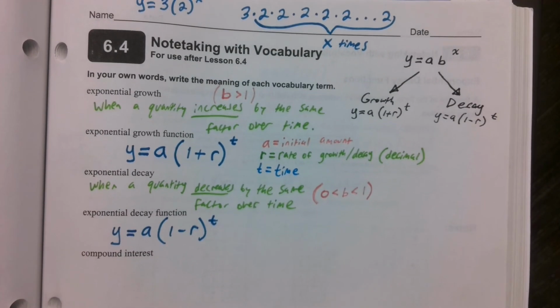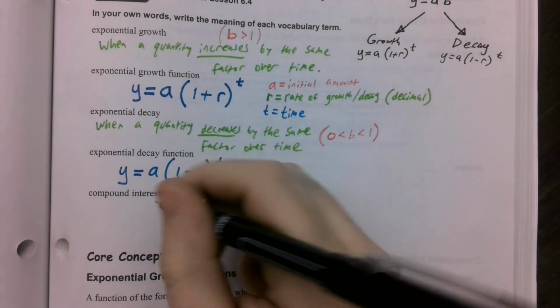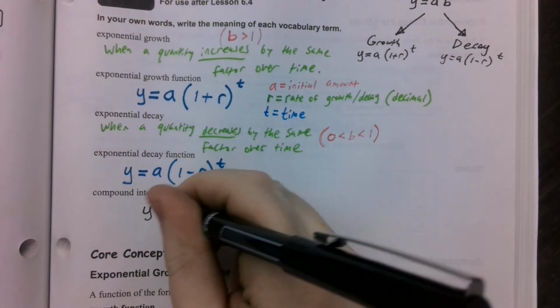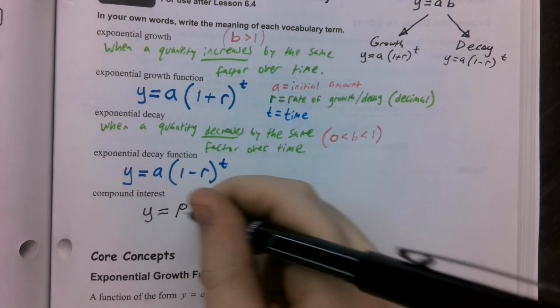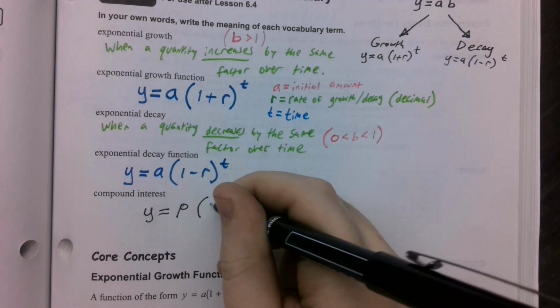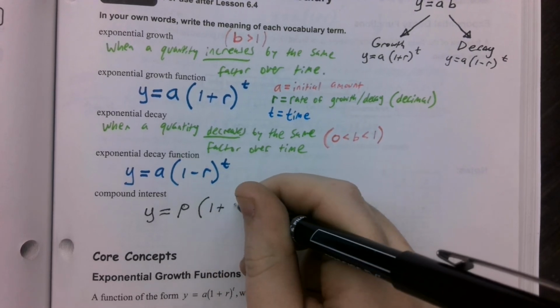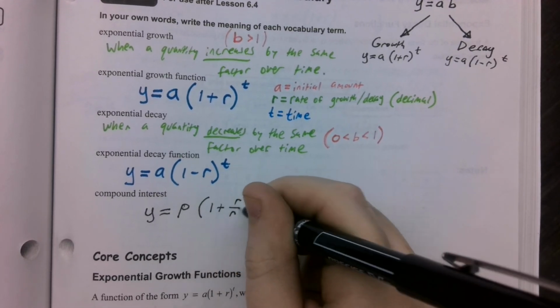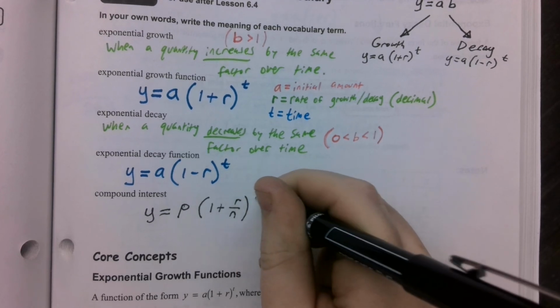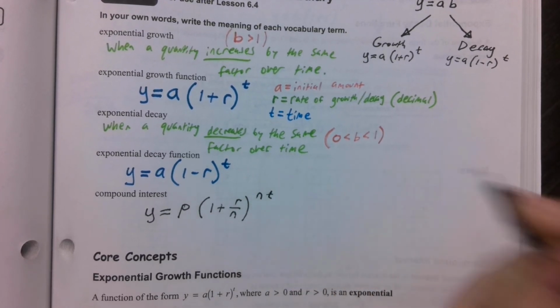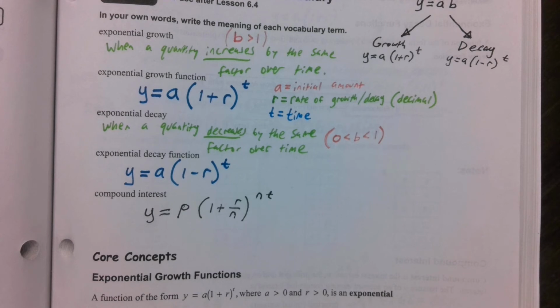Compound interest is no different, but it is going to have a couple more variables. The compound interest formula is y equals p times (1 plus r divided by n) to the nt power. This is the compound interest formula. And you might be saying, Mr. Strager, what? Don't worry. It looks more complicated than it actually is.